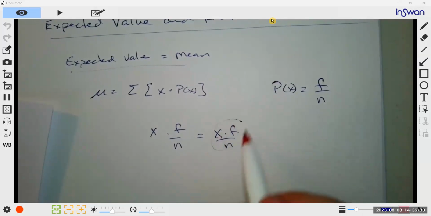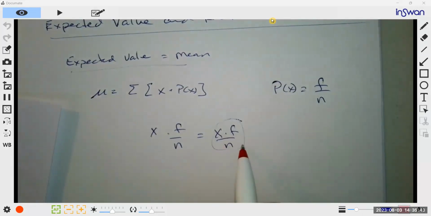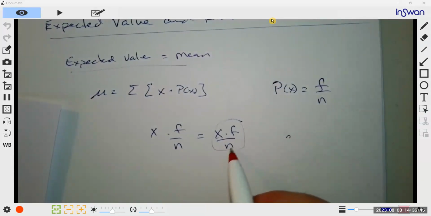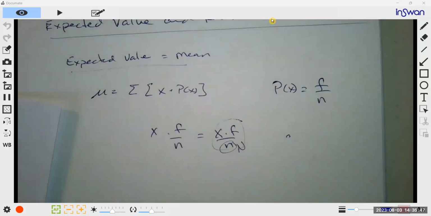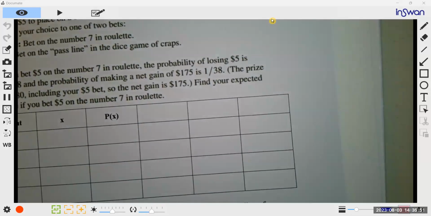And this is exactly what we used to find the average of a frequency histogram of a sample. We just now use the very large n to find this information.